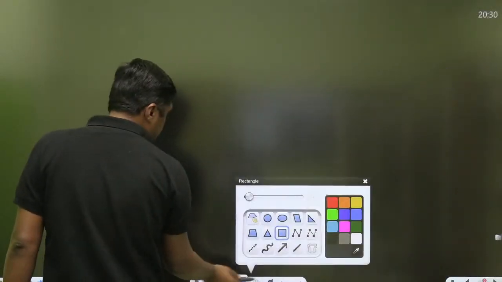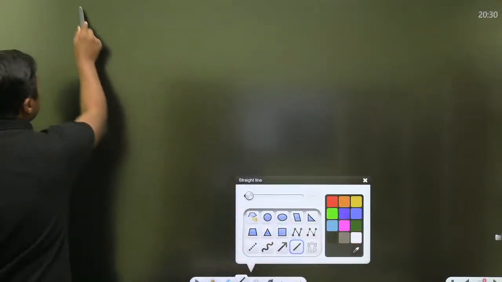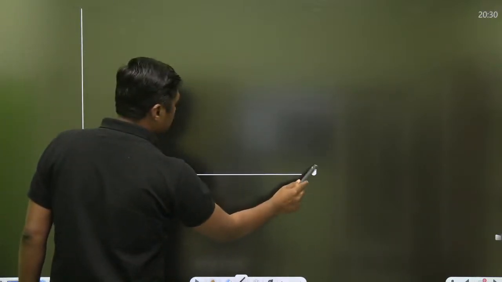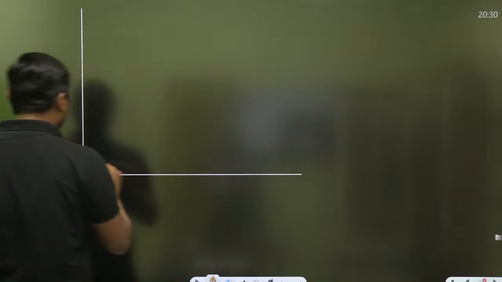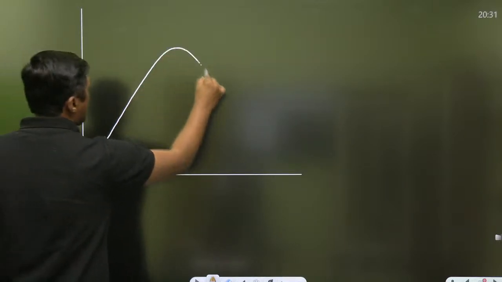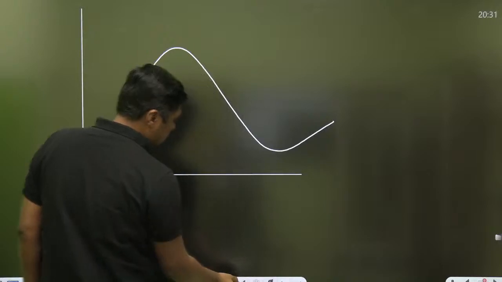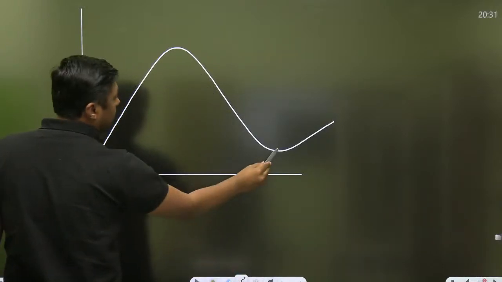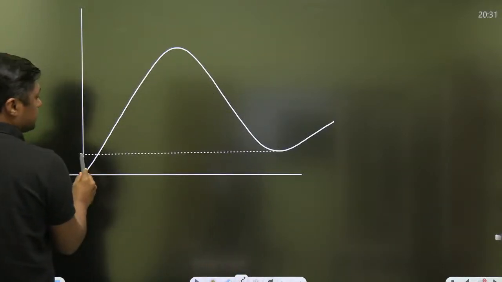Tunnel diode's characteristics, that is, we are having the negative resistance characteristics like this. In gun diode, we are having the similar type of characteristics. That is, in this area, we are having the negative resistance region here.